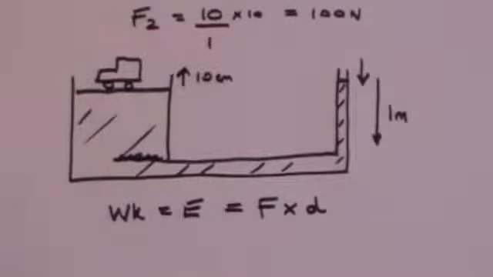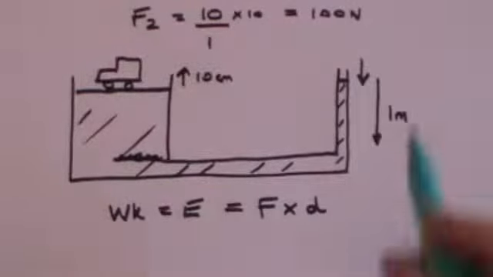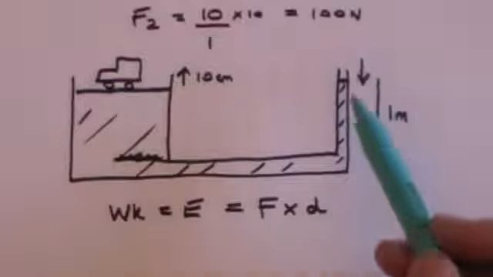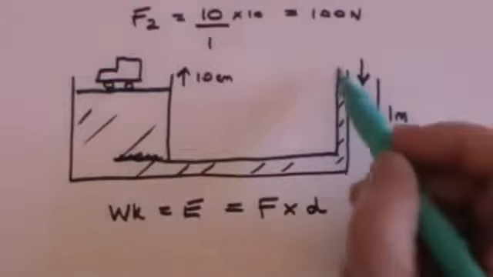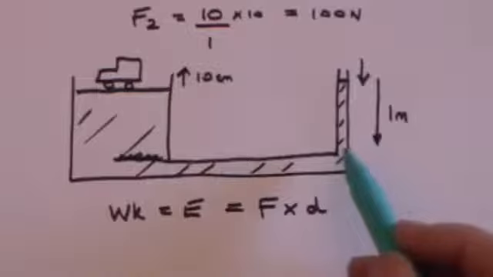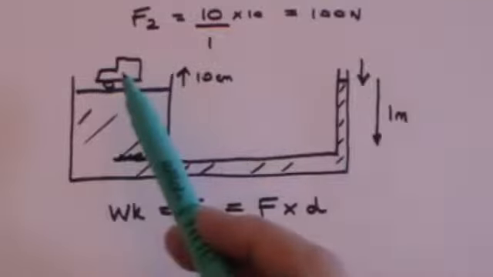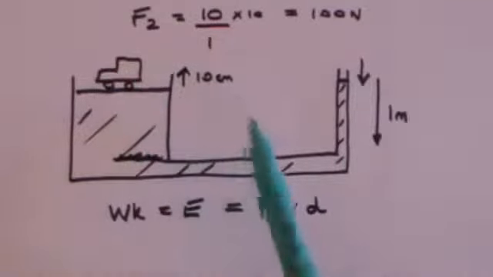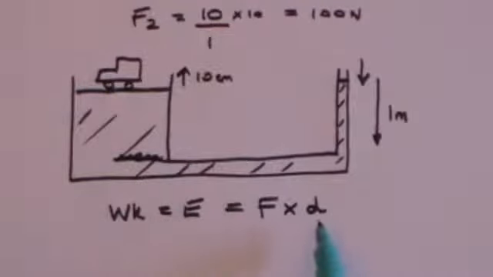And that is conserved. That is the point. A small force acting over a large distance produces a large force acting over a small distance. Small f times large D is equal to large F times small d.